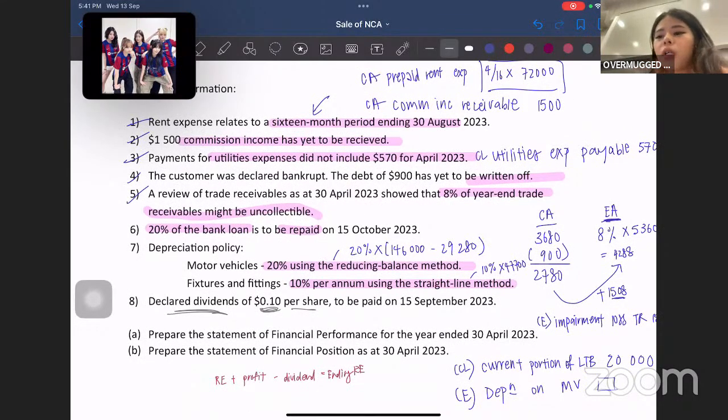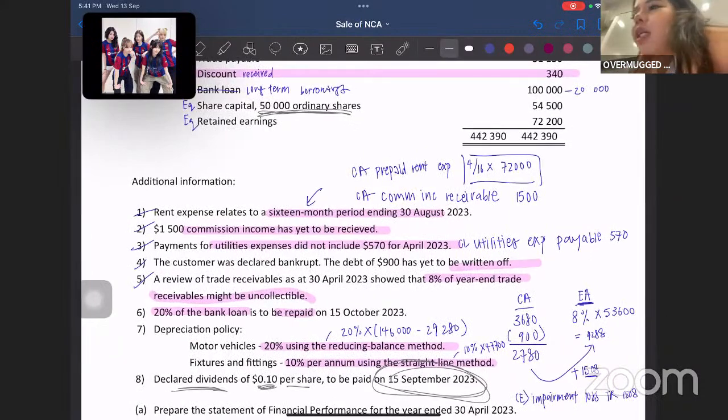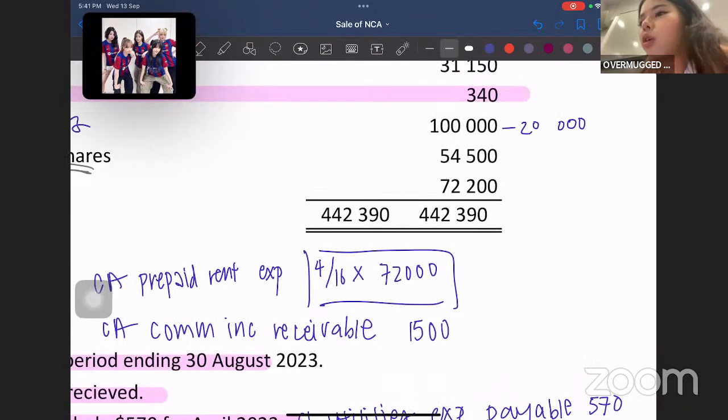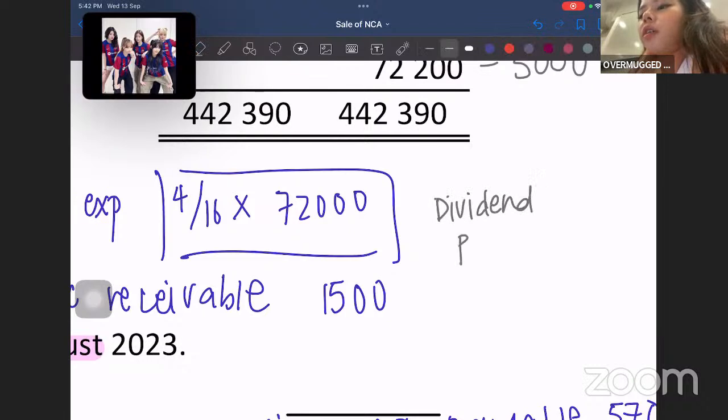Okay, so here when I declare dividends, but I pay not now, I pay in future. So it will be debit dividends, credit dividends payable. Okay, so for here, I already know that dividends, I will need to deduct it off from my retained earning account. So here, I will straight away just deduct 5K already. And then I will create below a dividend payable, 5,000.